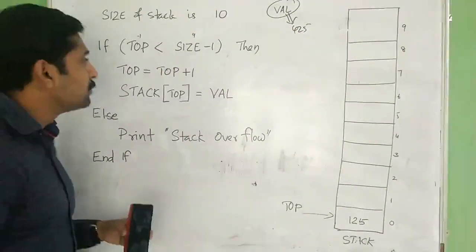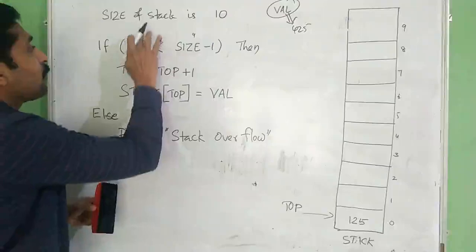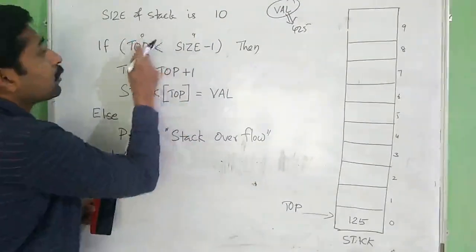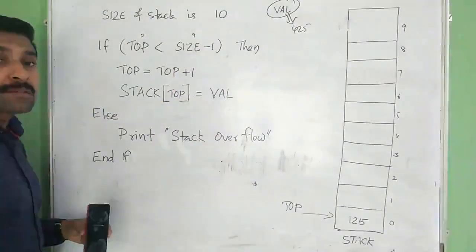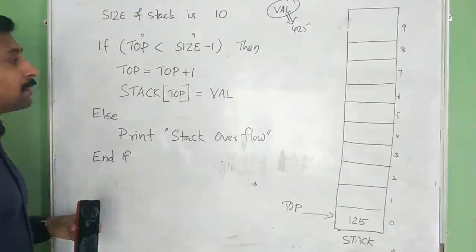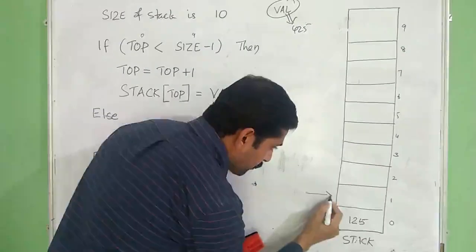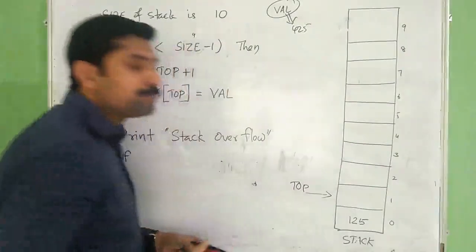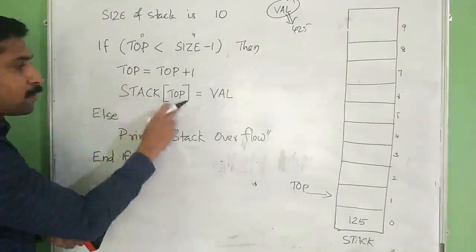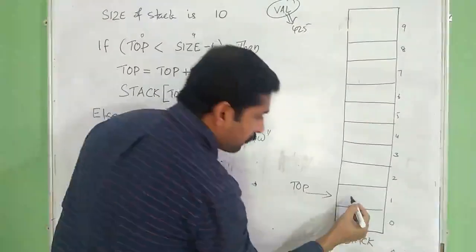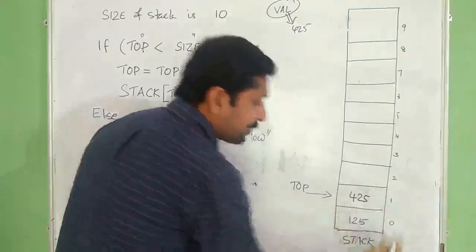Again the comparison is done. What is top now? Top is 0. Is it less than size - 1? Yes. Then top equal to top plus 1. Top becomes 1, going to this position. Then stack of top equal to value. The new value is 425, and that will be added to the stack.